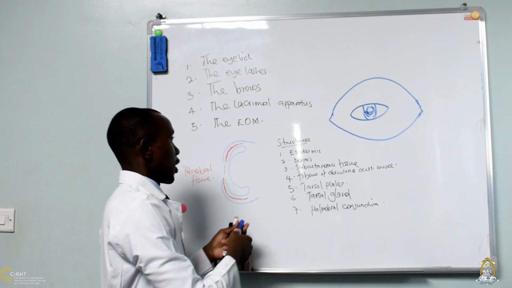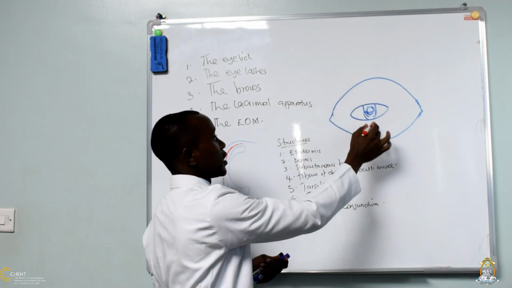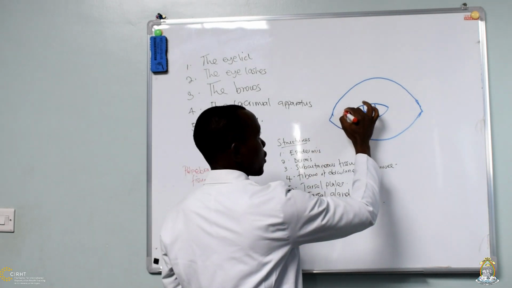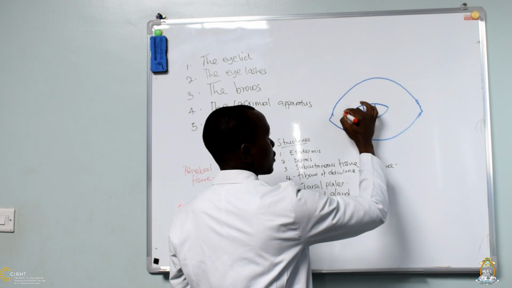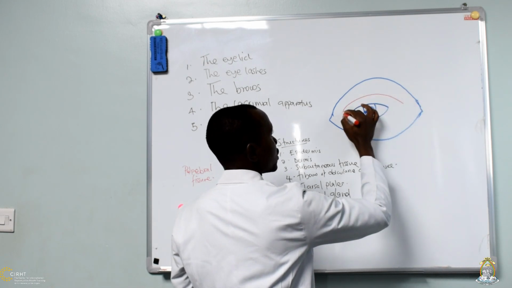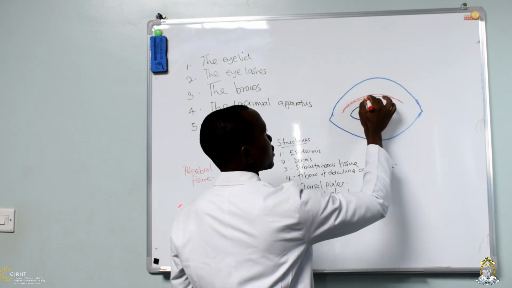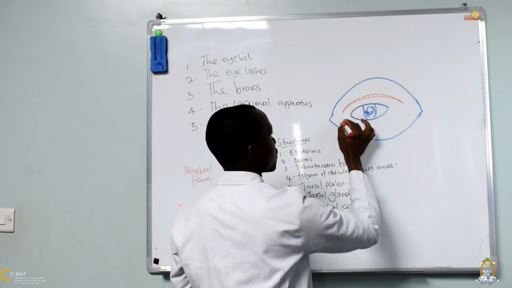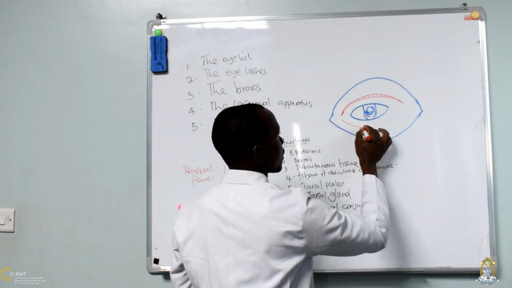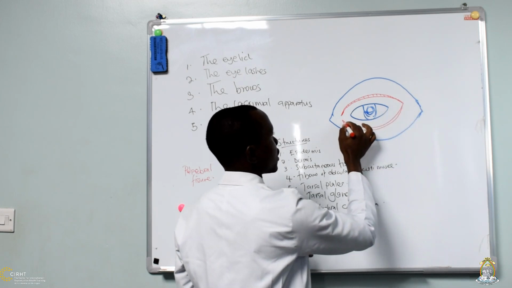Now, what supports the upper eyelid and the lower eyelid? We have the tarsal plate. There are two tarsal plates: the superior tarsal plate and the inferior tarsal plate. Let's say this is the superior tarsal plate and this is the inferior tarsal plate.